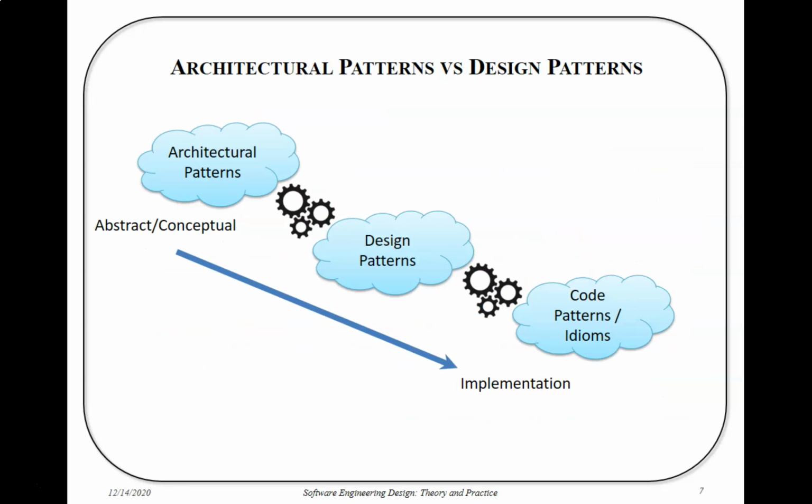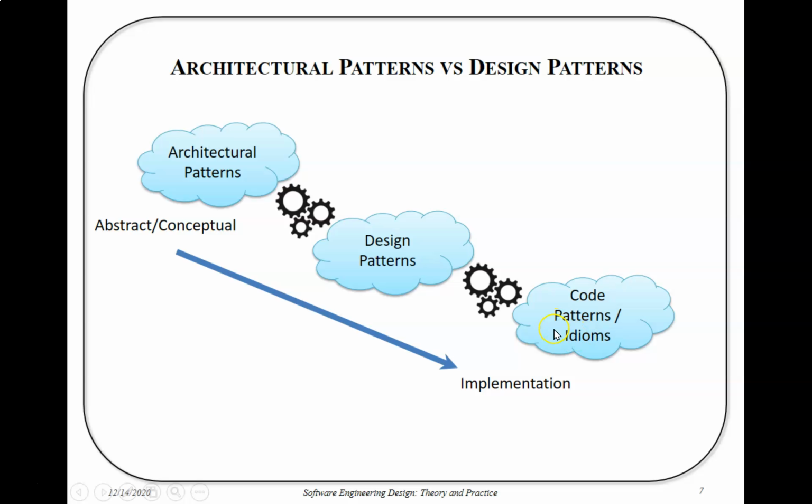To summarize, I use these illustrations. With architectural patterns, we do the modeling at the abstract and conceptual level. Then we further refine our design into the detailed design, where we can use design patterns. Actually, there are other patterns, or idioms, which are outside the scope of this course.